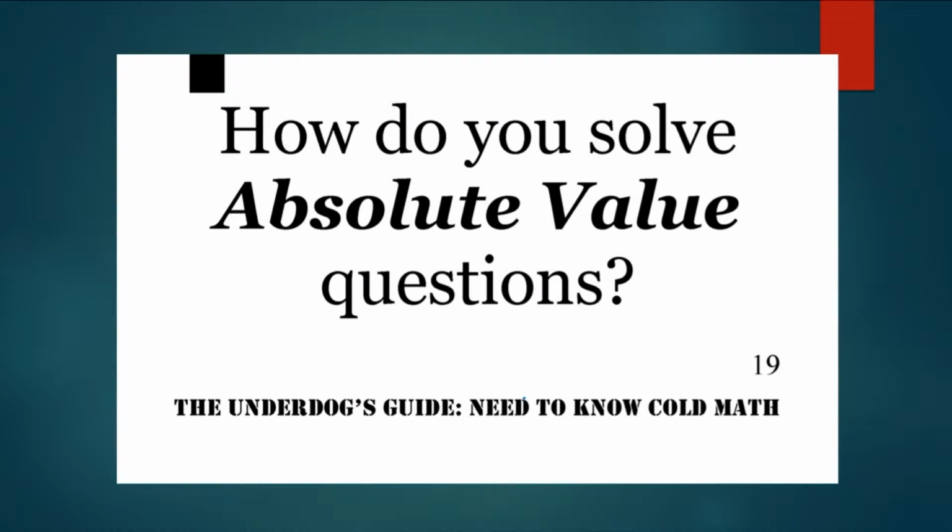Okay, the first question we want to ask ourselves is, how do you solve absolute value questions? Let me give you a quick example. Let's say we have 2x minus 4, all in an absolute value sign. The question might be, what is the greatest possible value of x, or the least possible value of x? Well, we have to be able to get both of those terms.